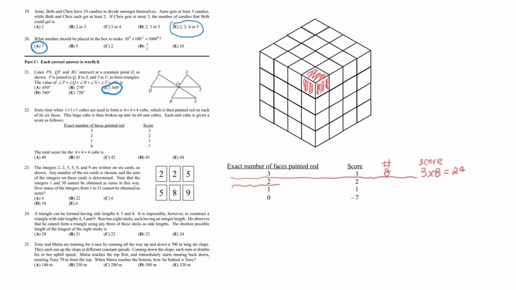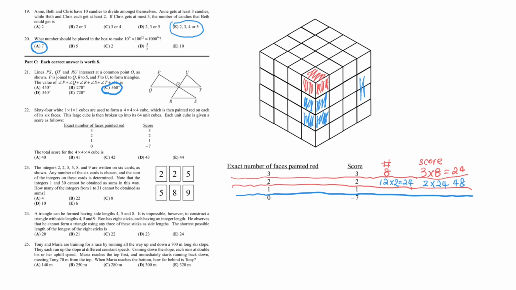For 2 faces, only on the edge: each edge has 2 cubes painted on 2 faces. The cube has 12 edges, each edge has 2 unit cubes painted on 2 faces, that's a total of 24. The score is 2 times 24, that's 48.